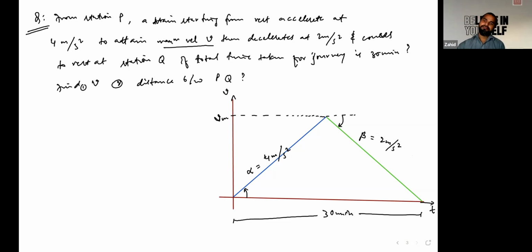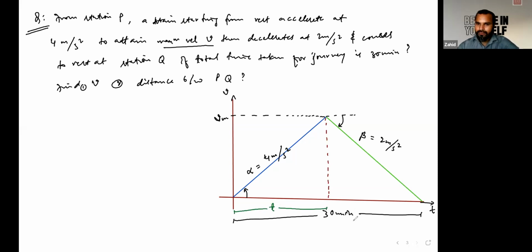So what we have to find out, we have to calculate velocity. So we first need the time for this particular peak. The first part, from this point to this point, we take as small t.